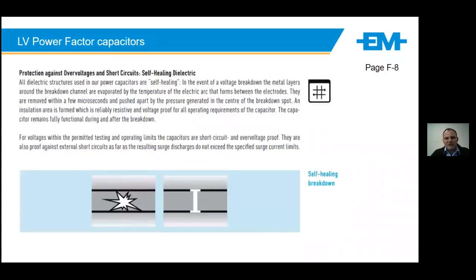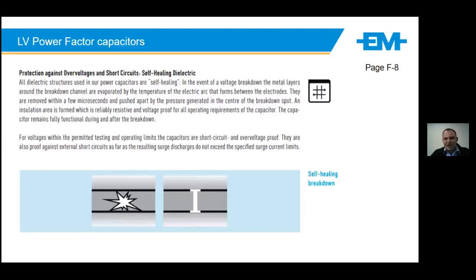As with most capacitors, when this capacitor sees an overvoltage or some sort of short circuit, the dielectric within the cap is what we call self-healing.